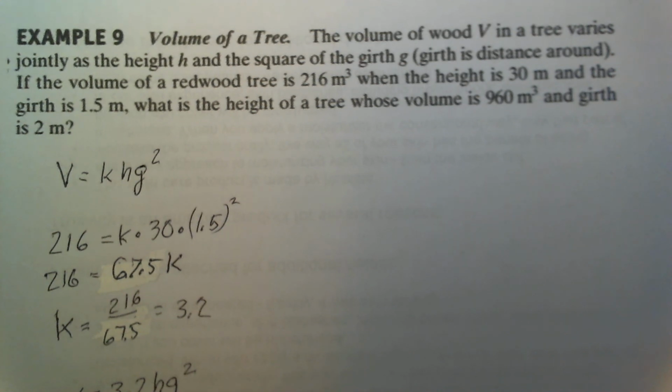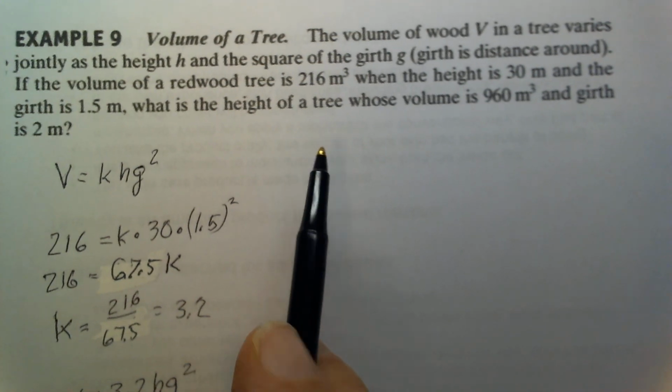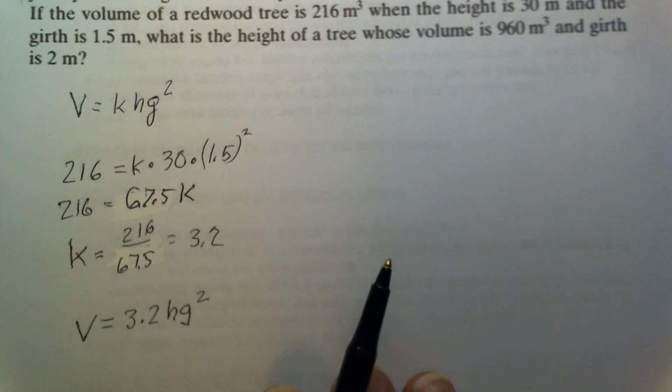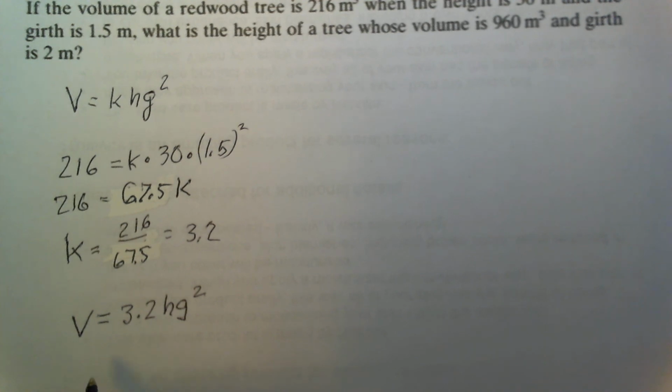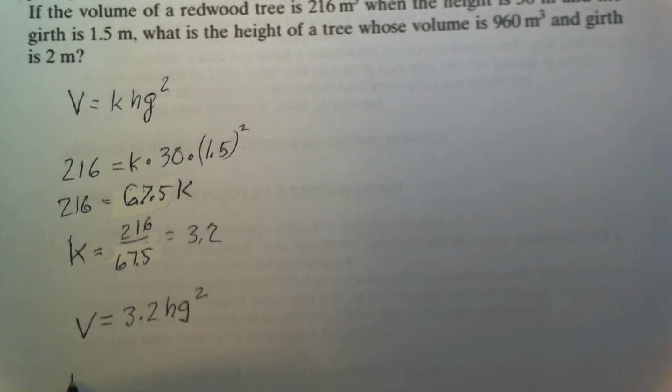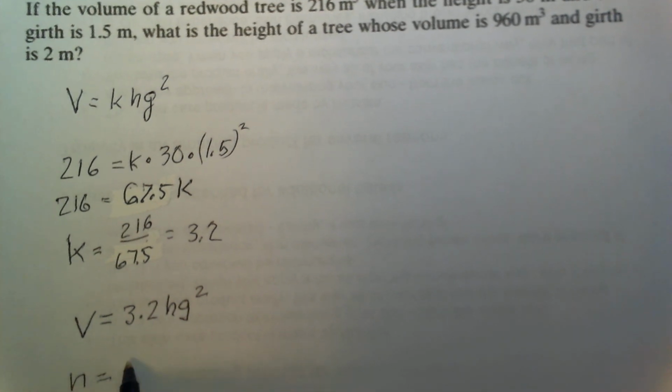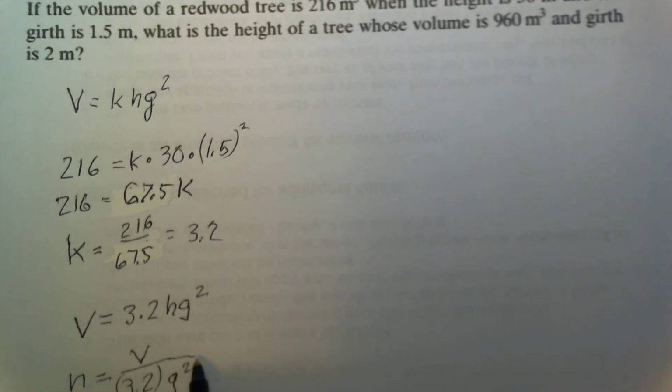So now we want to solve for h because we are asked for the height of the tree. So when we solve this equation for h, h is equal to V divided by 3.2 times g to the second power.